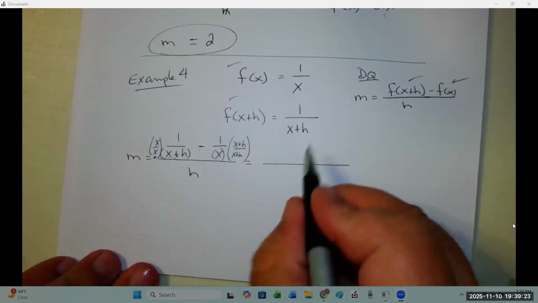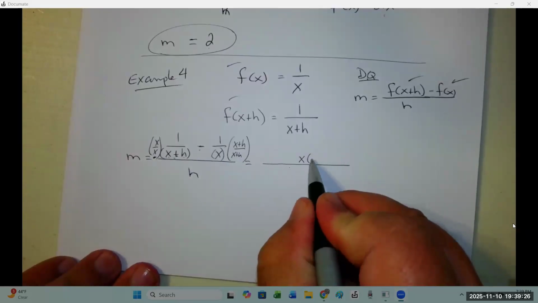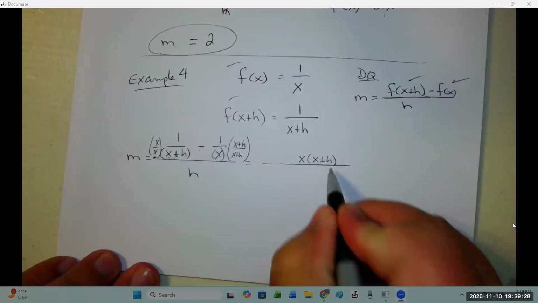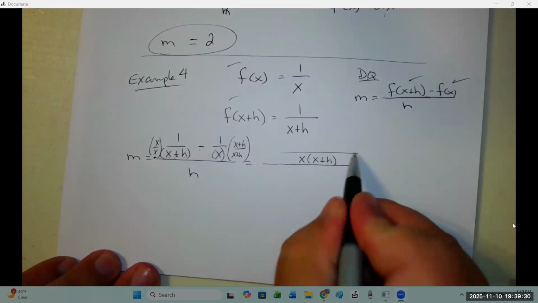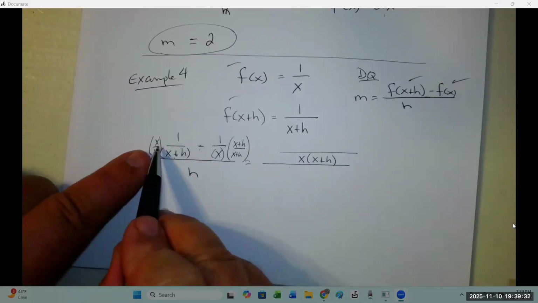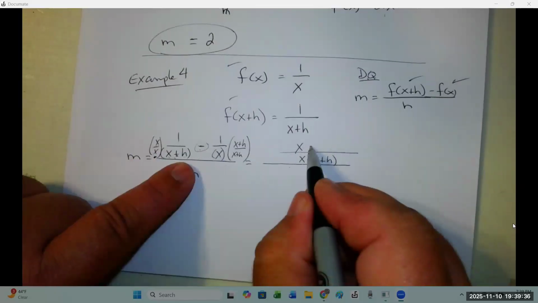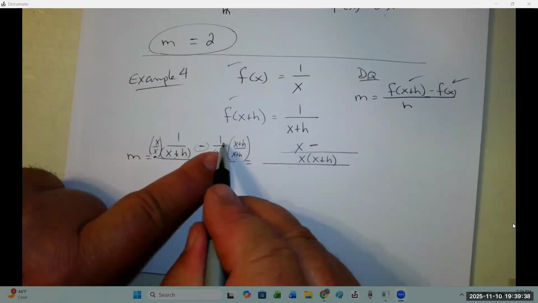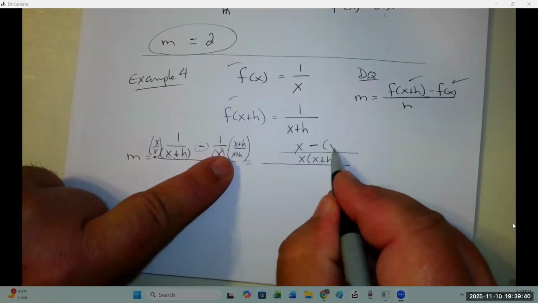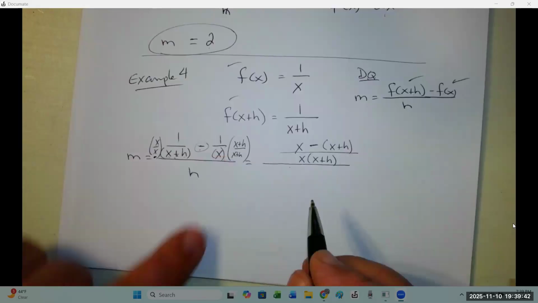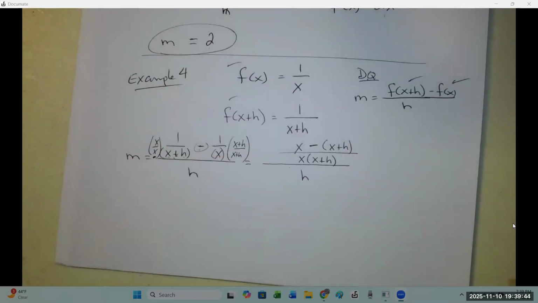So my common denominator is x plus h. X times 1 is x, minus 1 times x plus h is x plus h. All this over h.